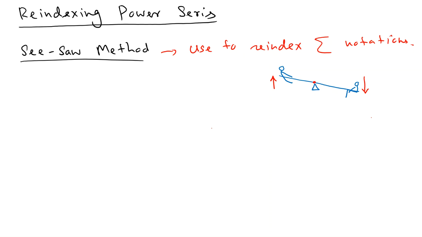It stays the same. So let's say this side goes up by 3 feet, then this side goes down by 3 feet. So that's the idea, and we can use that fact here.